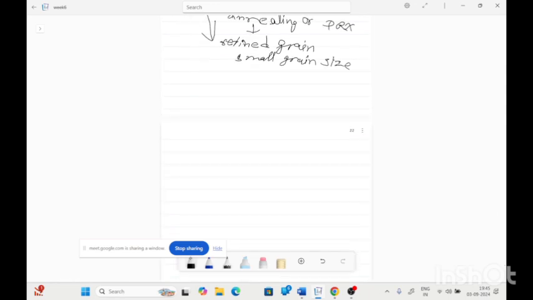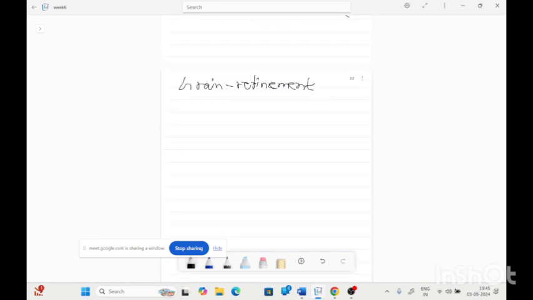So how does the grain size contribute to the strengthening method? One is grain refinement. The next topic is grain refinement, in which we study the Hall-Petch relation.